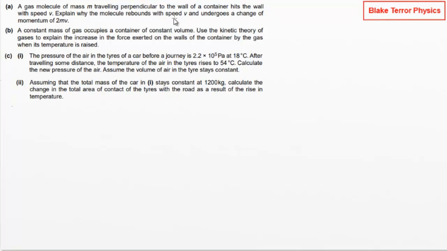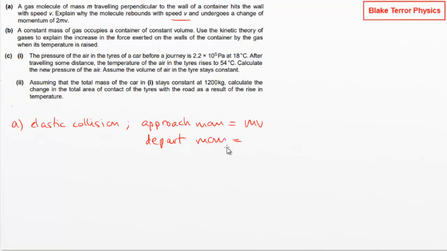Right, so it's going to rebound with speed v because we've got an elastic collision. So if we approach with momentum mv, the approach momentum equals mv, and the depart momentum will be minus mv.